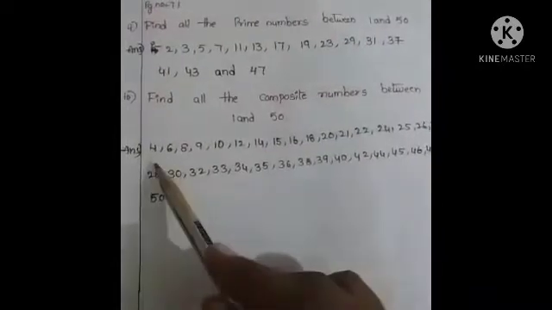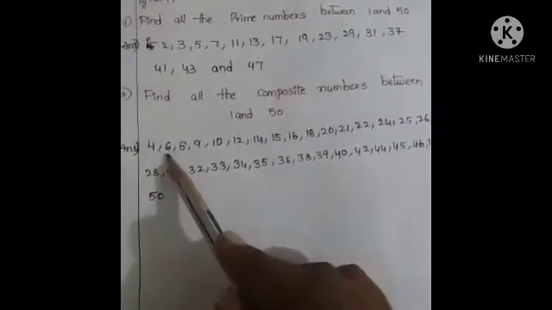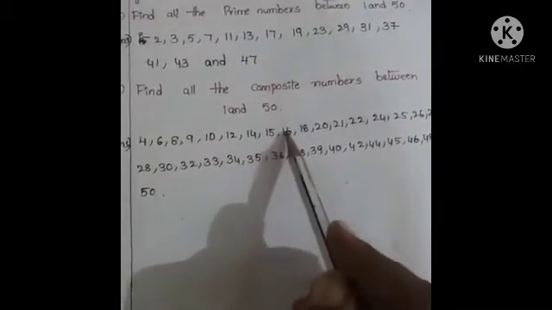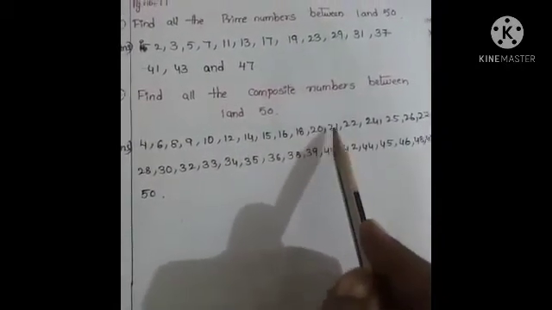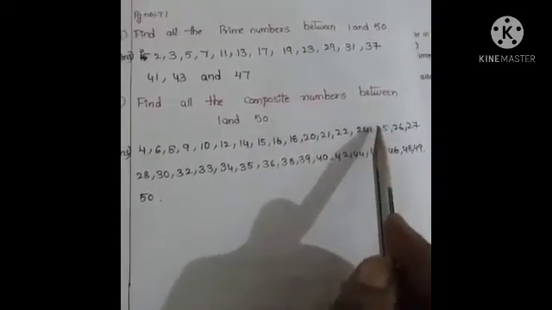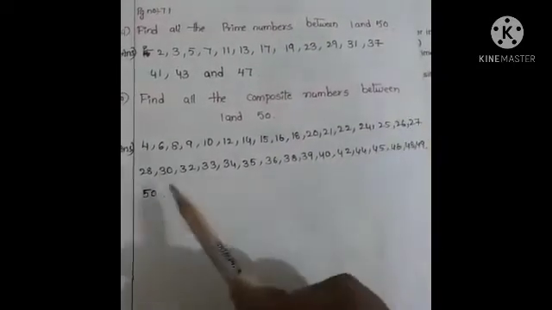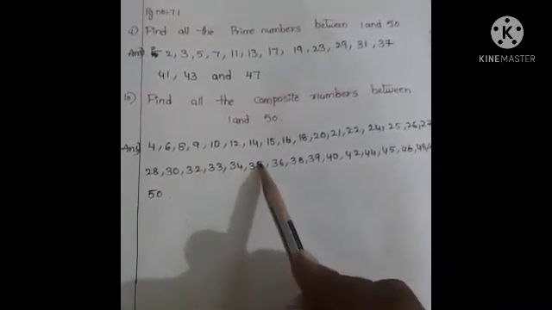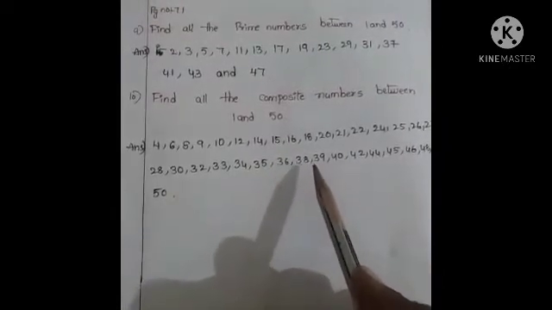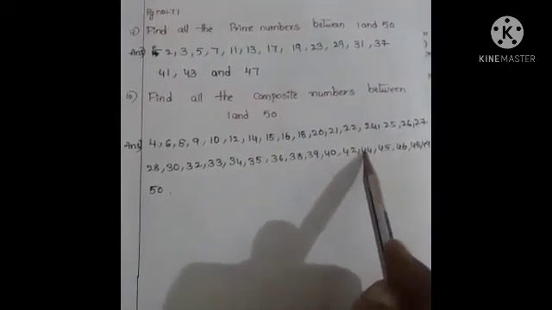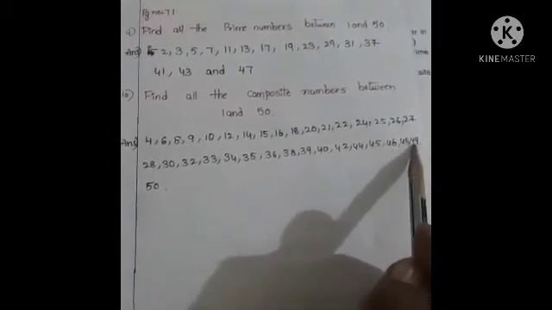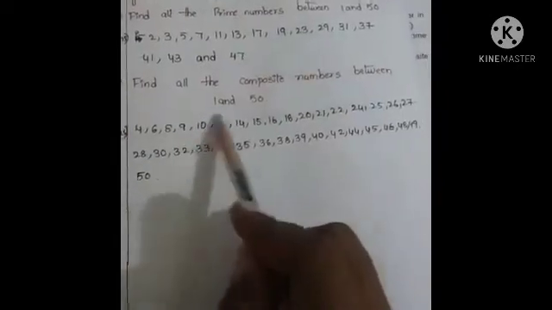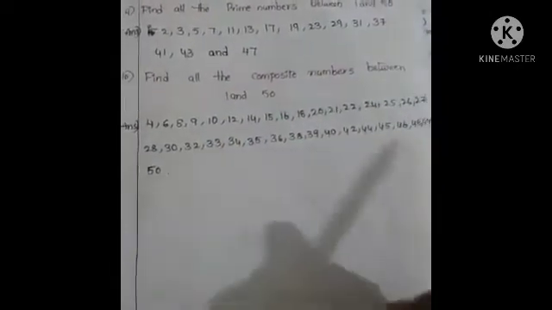They are 4, 6, 8, 9, 10, 12, 14, 15, 16, 18, 20, 21, 22, 24, 25, 26, 27, 28, 30, 32, 33, 34, 35, 36, 38, 39, 40, 42, 44, 45, 46, 48, 49, 50. These are all composite numbers with more than 2 factors.